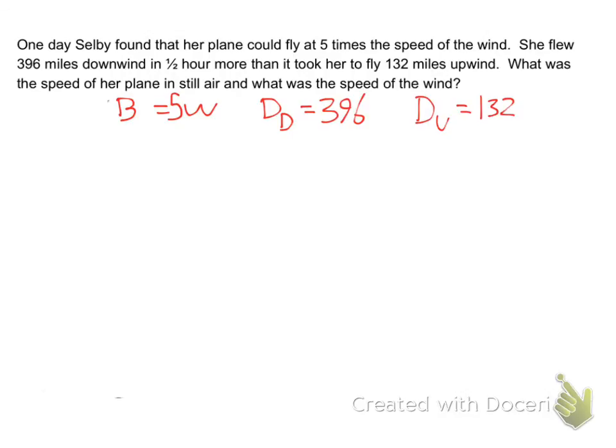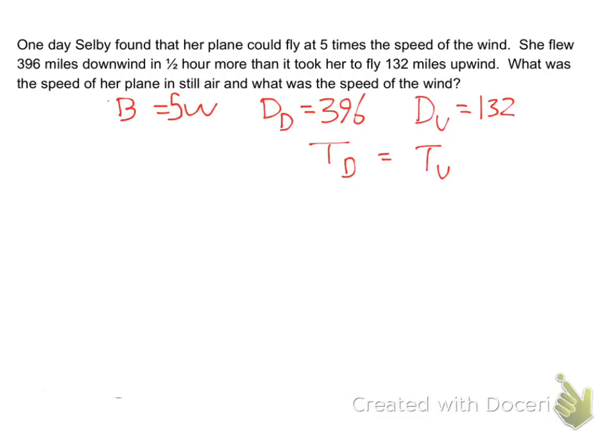Well, if you think back to those 2 equations, and I'll write them down here, the only thing we don't have a connection for right now is our times. Oh wait, we do have a connection. What was that connection between time down and time up? Was it the same? Did she say that she took the exact same amount of time for both? No. It says that there was a half an hour more downwind than upwind.